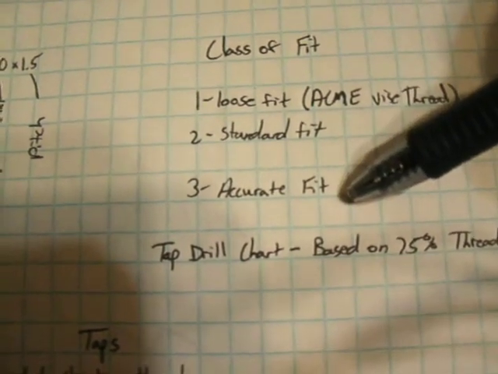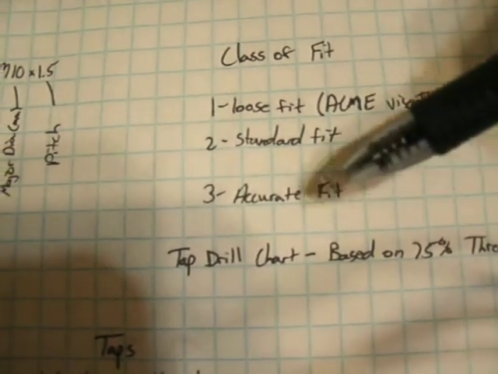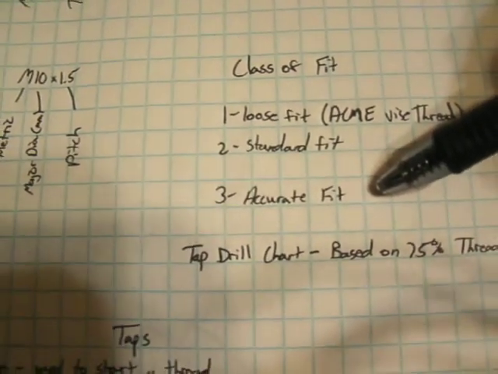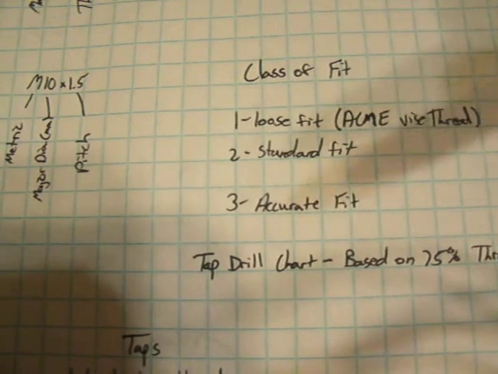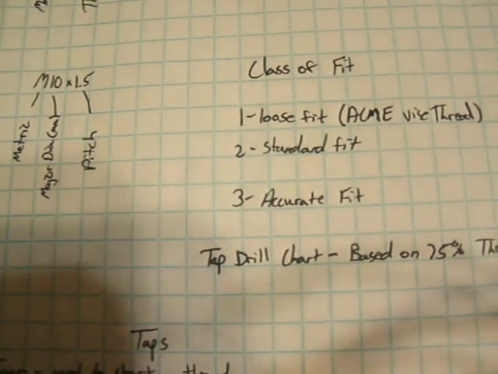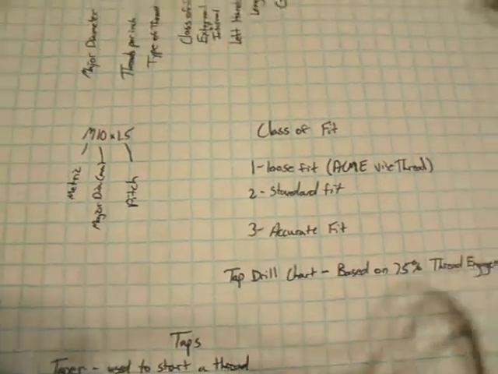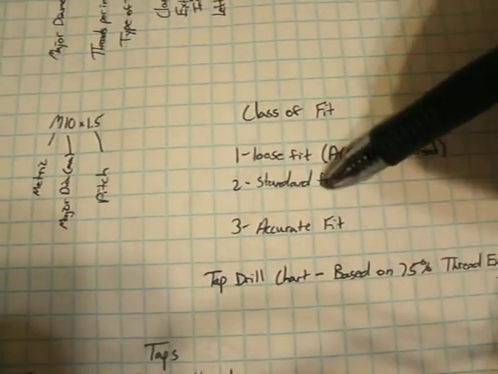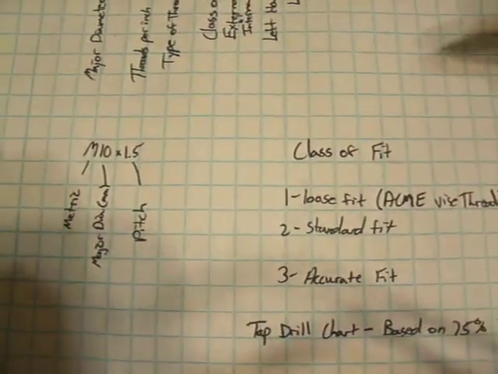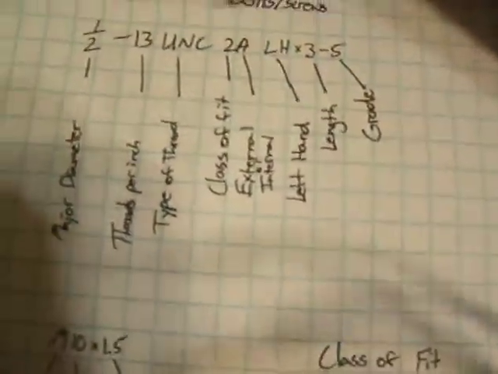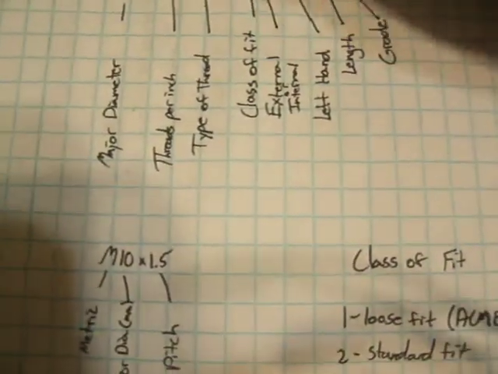And the ones you might get from a machine shop, you can have machined so they're an accurate fit, with a little bit tighter tolerances, I guess is a good way to explain it. So just know that it's 1 through 3, 1 being loose, 3 being accurate. It depends on your use, what you need to choose and what's appropriate for what you're doing.